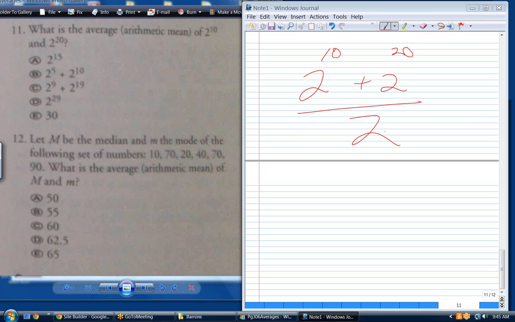Okay, that's correct. But when you're adding same base, you can't add the exponents. That only works if you're multiplying. If I had 2 to the 10th times 2 to the 20th, then that's equal to 2 to the 30th.